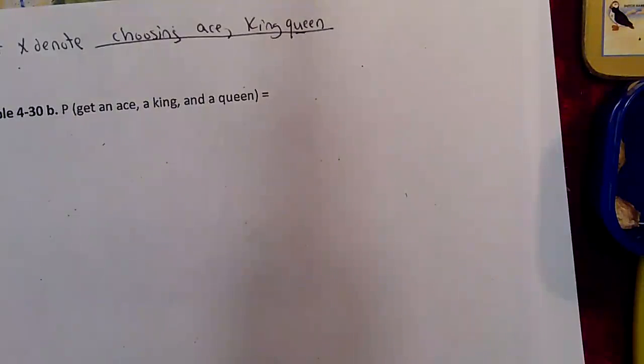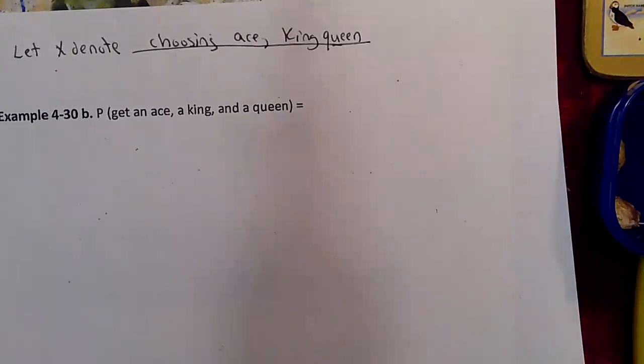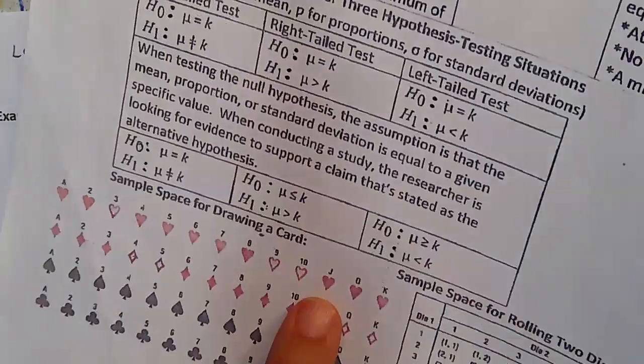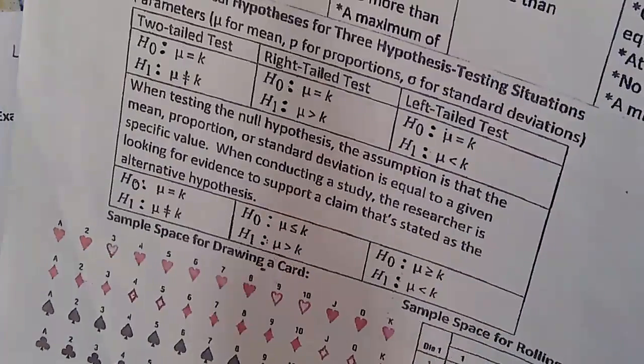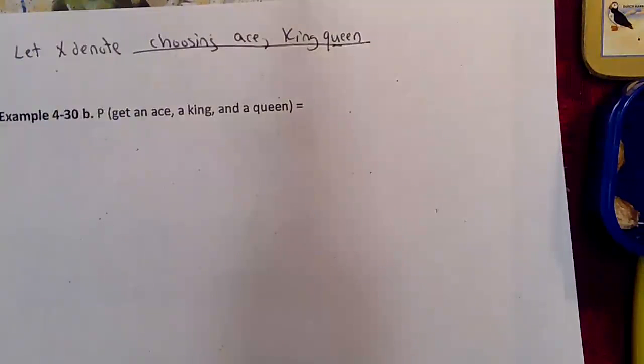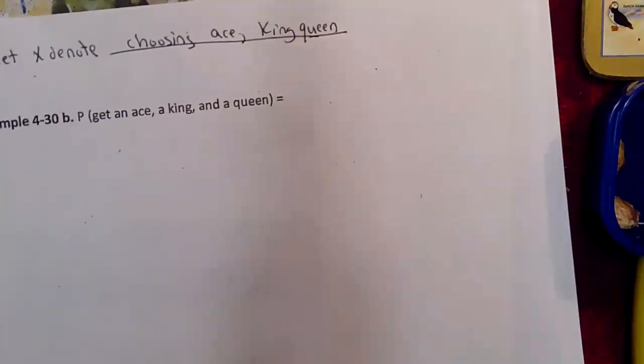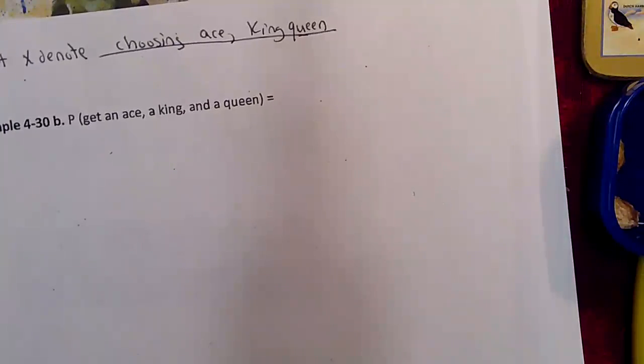I can't even say face card because face card doesn't include the ace. Face card is just jack, queen, and king. The ace is not a face card. So I have to say ace, king, and queen. So we're going to let X denote that.